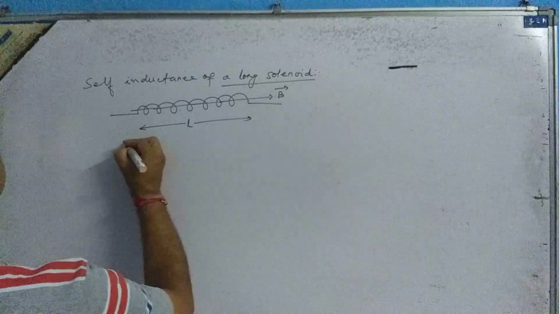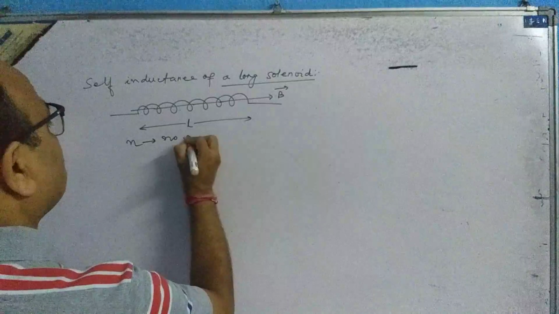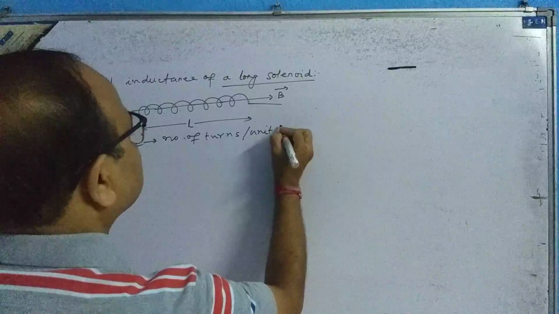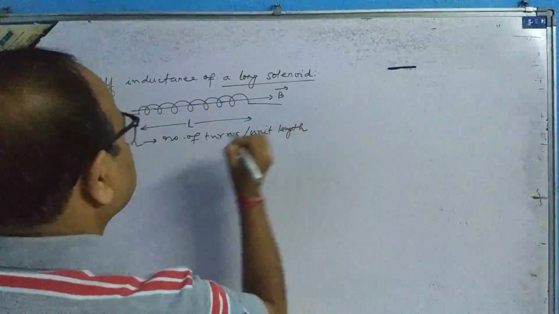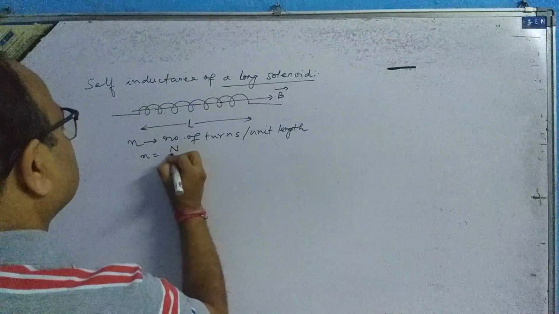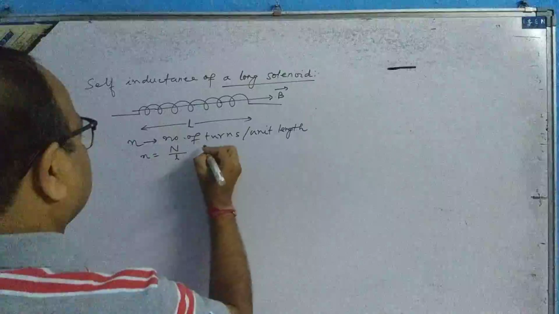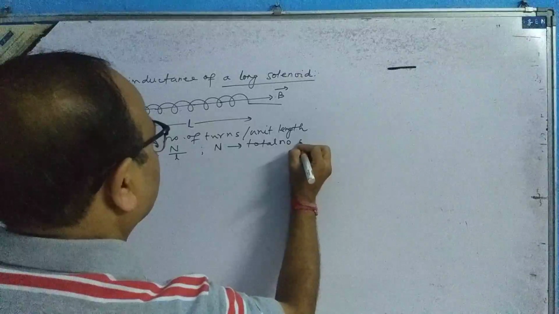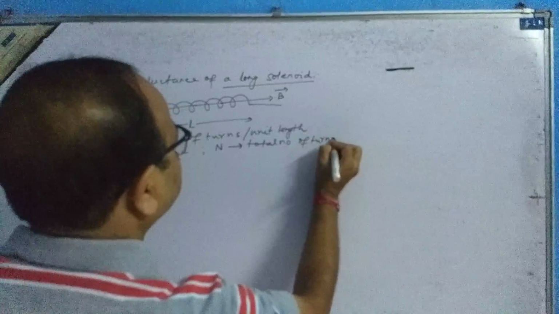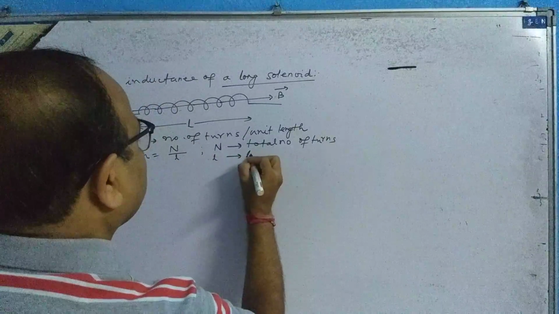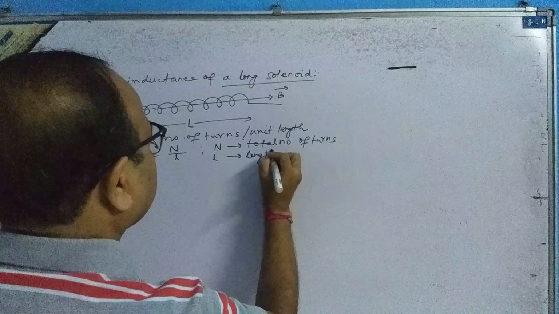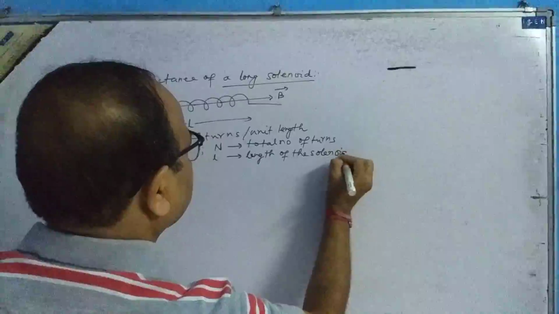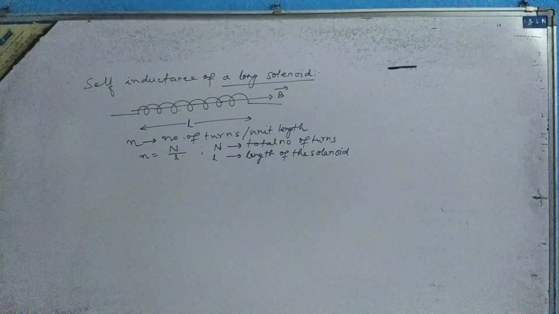And let here, if n is the number of turns per unit length of the solenoid, then small n is equal to capital N by L, where N is total number of turns and L is the length of the solenoid.